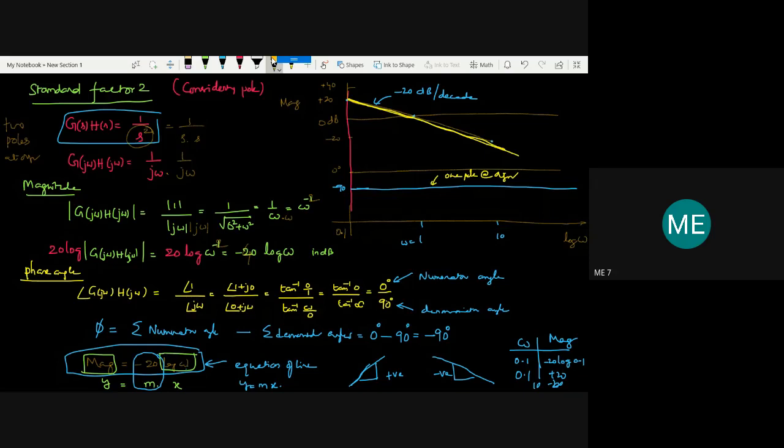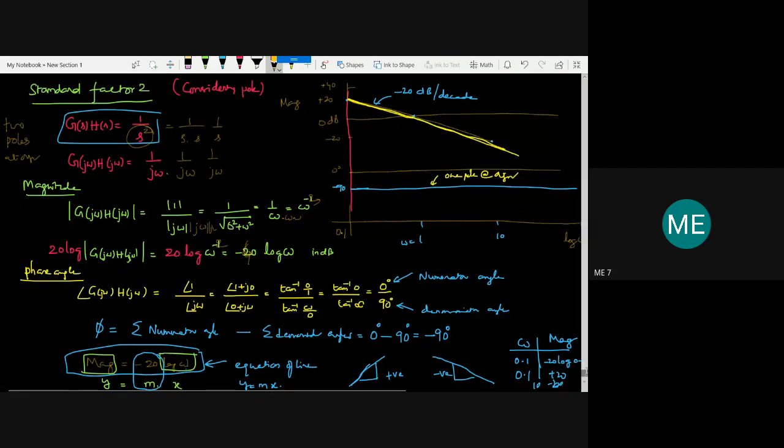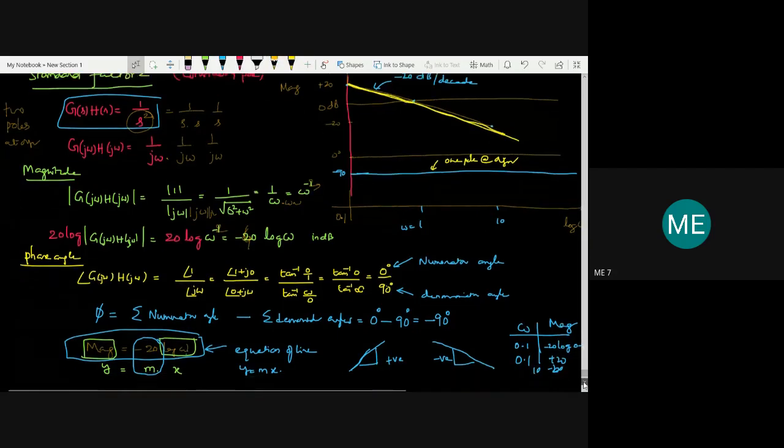If it is three poles at origin, it will become 1 by s into s into s, like this 1 by j omega one more, so it will become omega to the power of minus 3, and then it will become minus 60. I can write it in a generalized format.